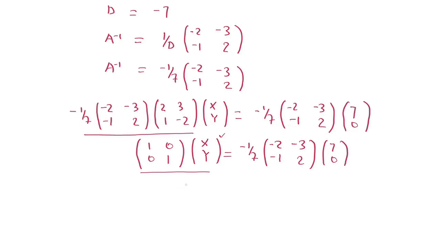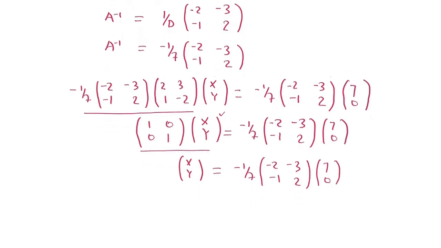Then our equation is matrix [x; y] equals negative 1 over 7 times the matrix [negative 2, negative 3; negative 1, 2] times matrix [7; 0].